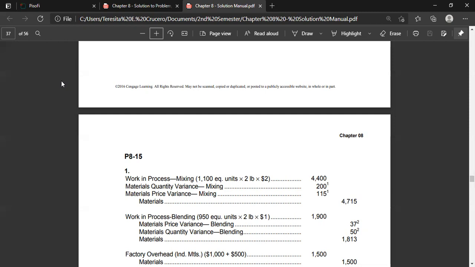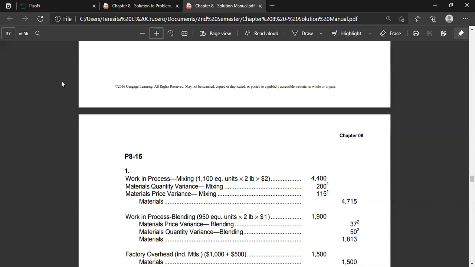Debit to work in process, mixing department at standard. We now have 1,100 units times 2 pounds times 2. So where is your 1,100 units? Debit to work in process.